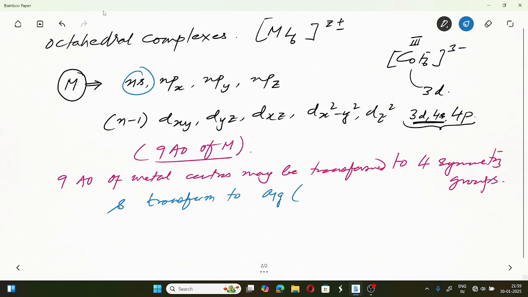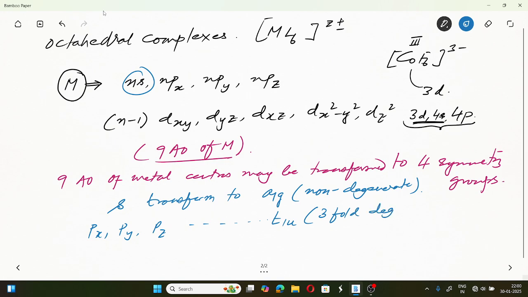That means it is non-degenerate, obviously a1g is just one, non-degenerate. Now px, py, pz will transform into t1u, which is threefold degenerate, or triply degenerate.